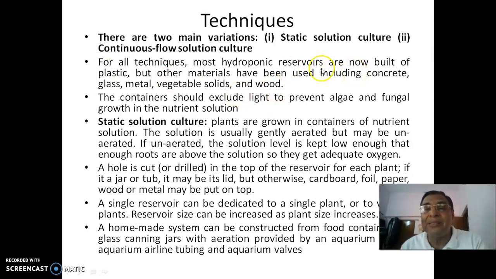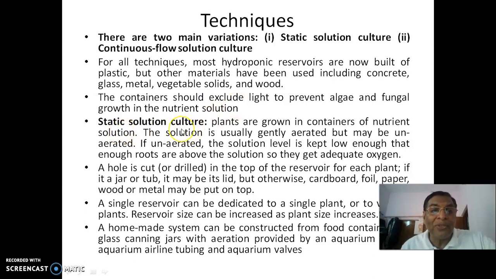These are the materials used for these water-running reservoirs. Mostly plastic, I think. Concrete is seldom used. Glass, yes, but the container should exclude light to prevent algae and fungal growth in the nutrient solution. So that is why metal and some solids, but mostly plastic, is preferable.